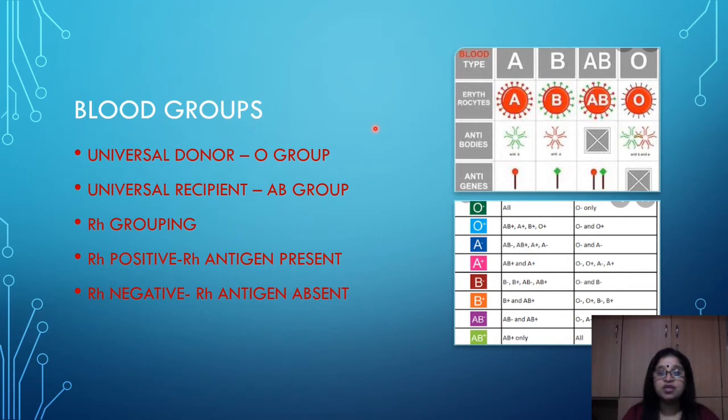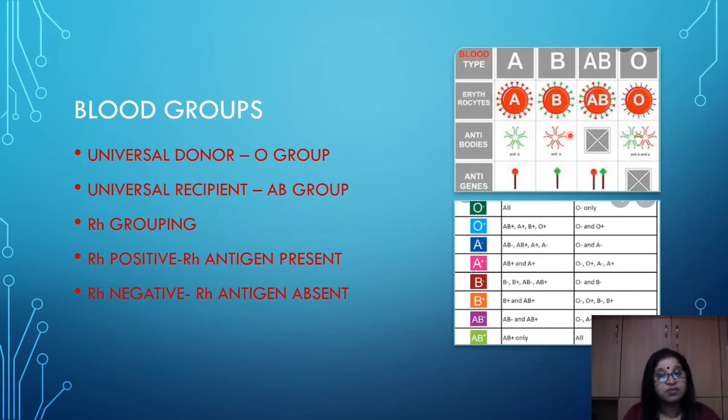So because of this, why we need to do cross-matching is that if my blood group is B, that means I have B antigen on the surface of my RBCs and anti-A antibodies in circulation. That is why if A blood group is given to me, these anti-A antibodies will destroy it.